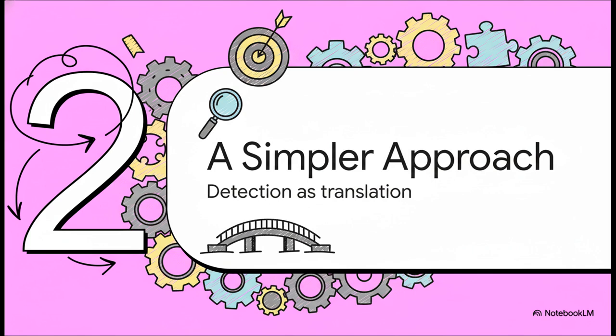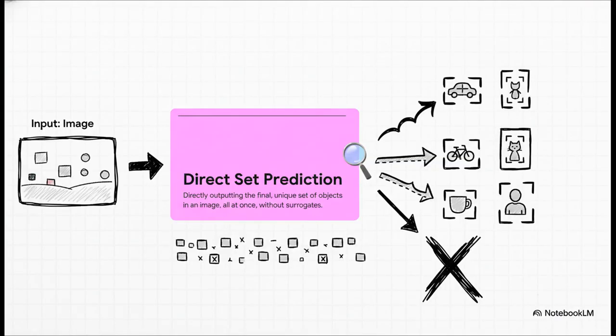All right, so how on earth did they build this simpler, more direct system? Well, the genius here was that they didn't just tweak the old methods, they completely reframed the problem. They started treating object detection like a translation problem. And that brings us to the absolute core concept here: direct set prediction. See, instead of making the model jump through all these hoops, proposing regions, refining boxes, DETR just says, no, let's treat this as one single task.